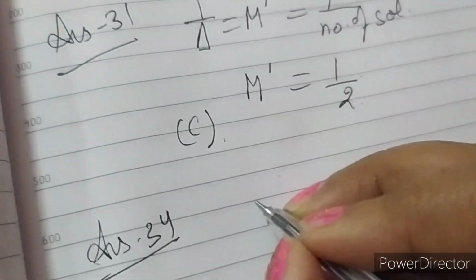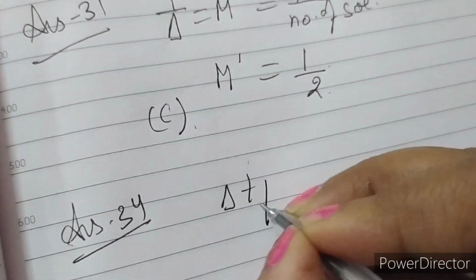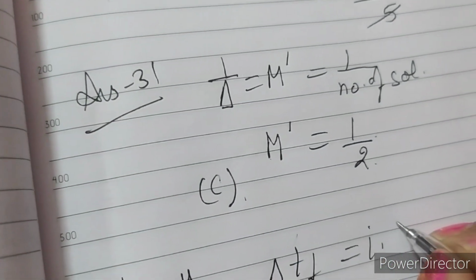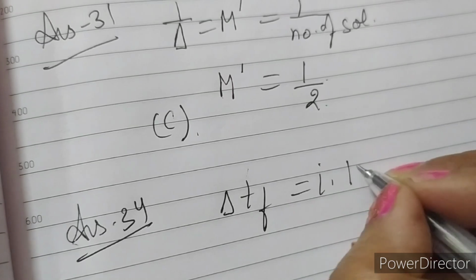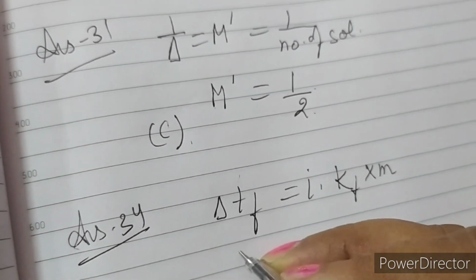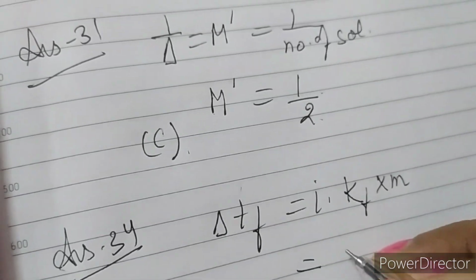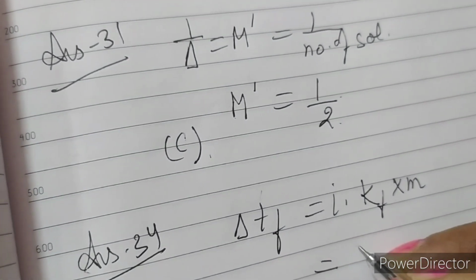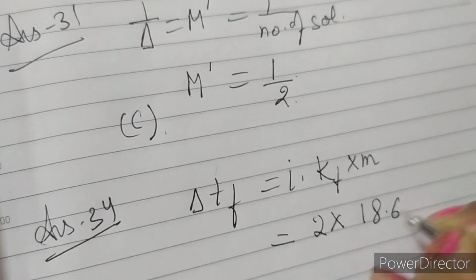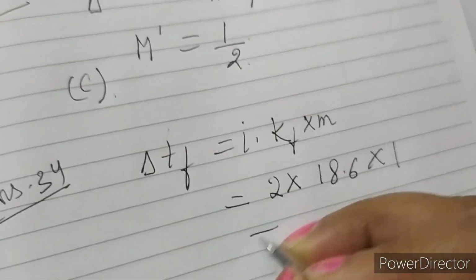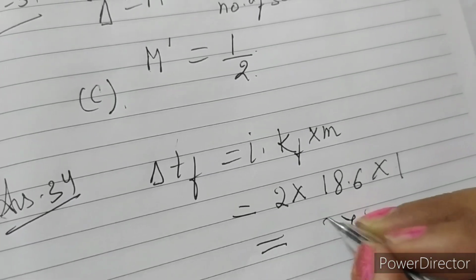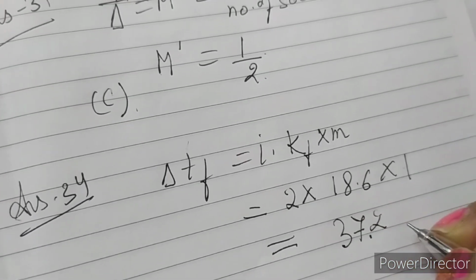the depression in freezing point, that is ΔTf is equal to i into the depression constant, that is Kf, into molality. So here ΔTf you have to find out. i is 2 because 2 ions will be formed, into depression constant given 18.6, into molality given 1. So it will come out to be 37.2.